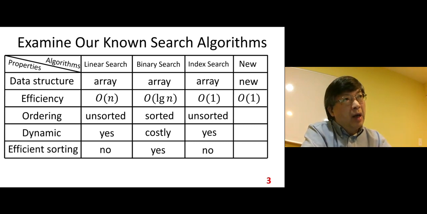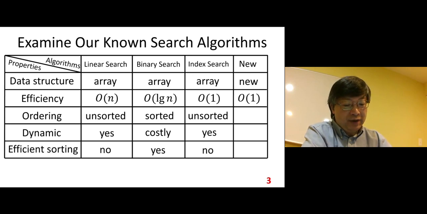Our target is big O of 1, close to that of the index search. We do not try to compete with the index search, but close to it is good enough.